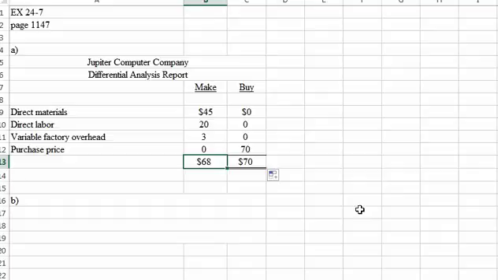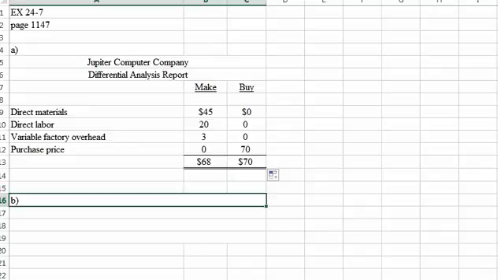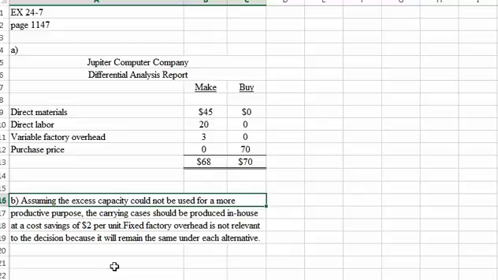Looks like the choice should be to make the carrying case in-house because we would realize a cost savings of $2 per case. So B asks, on the basis of the data presented, would it be advisable to make the carrying cases or continue buying them? Assuming the excess capacity could not be used for a more productive purpose, and we don't know that, but assuming it could not be, the carrying cases should be produced in-house at a cost savings of $2 per unit.